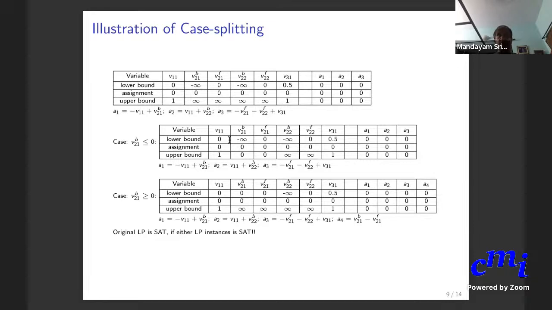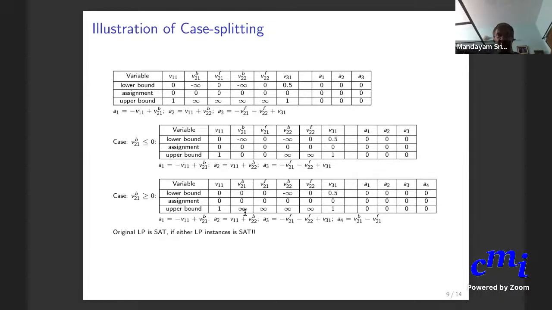Each of those cases can be considered separately, and you can create an LP instance for each of those cases. If V21B is less than or equal to 0, then you take that into account by fixing the upper bound of V21 of B, which is what I've done here. And if V21B is greater than or equal to 0, then you fix this.